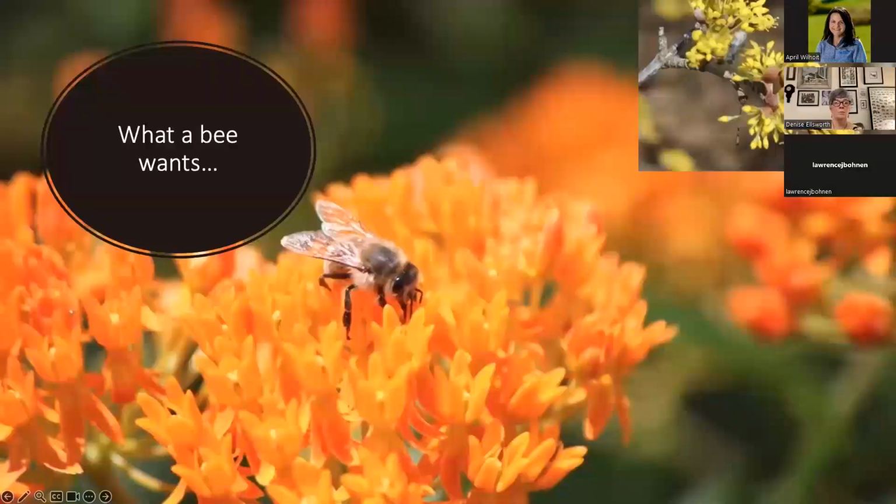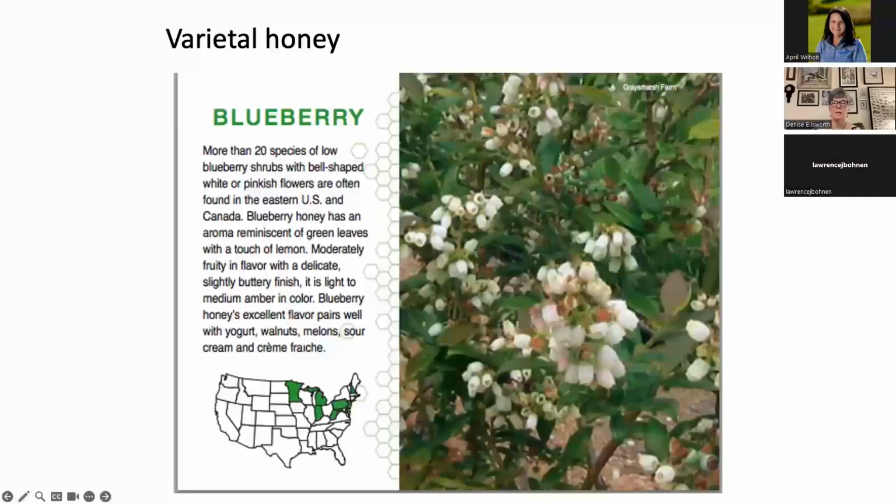So we know the bees want both pollen and nectar. Maybe you're trying to harvest a varietal honey, so you need to know what's in bloom. Are the blueberries in bloom? And is that what the bees are bringing back, if you were trying to harvest that certain kind of honey?